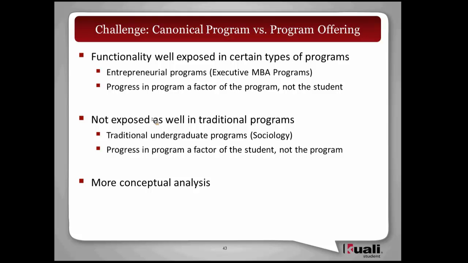So it's something that we're going to see as we play with enrollment. To give an example, when we think of this concept of, I have this catalog version of my program, and now I have potentially multiple offerings by time, and maybe even by place. If we think about some of our more entrepreneurial programs, they fit perfectly.